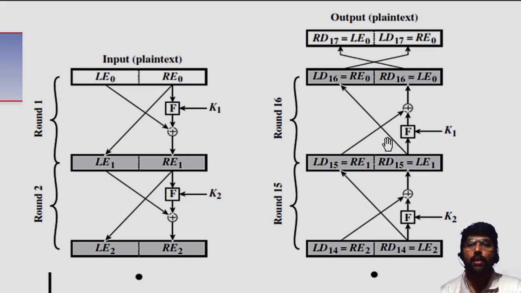So it is possible to use the same algorithm for encryption and decryption. That means both the sender and the receiver have the same algorithm, only the giving of subkeys is different in the decryption process. That is the advantage of this technique.